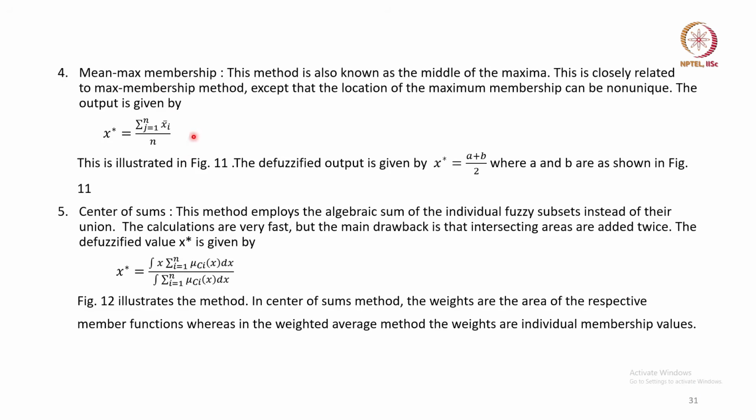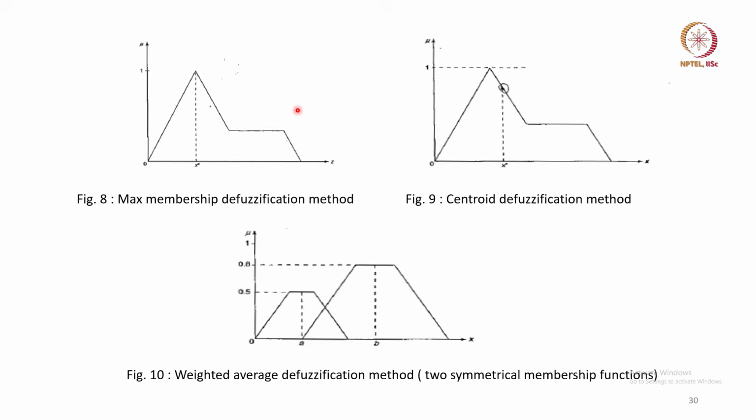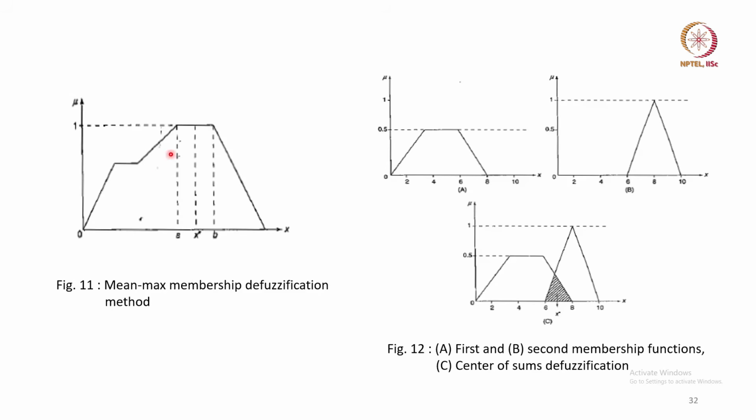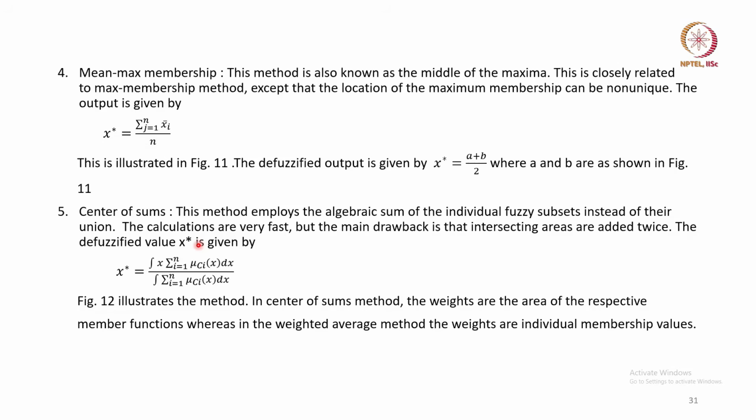The next method is called the mean max membership, also known as the middle of the maxima. You find the maxima. If we take the figure here, you find this is the maximum that you are having. You take all these values and find the middle value of that, and that will be the x star that you are going to take.